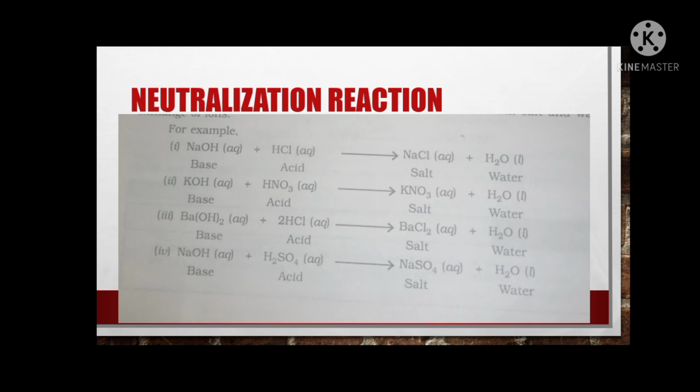When it reacts with HCl, hydrochloric acid, it produces salt and water. If due to the acid base reaction there is a formation of salt and water, such type of reactions are called neutralization reaction. Basically neutralization reactions are double displacement reactions, because there is a mutual exchange of ions taking place.